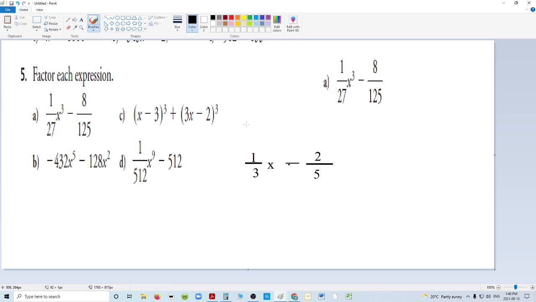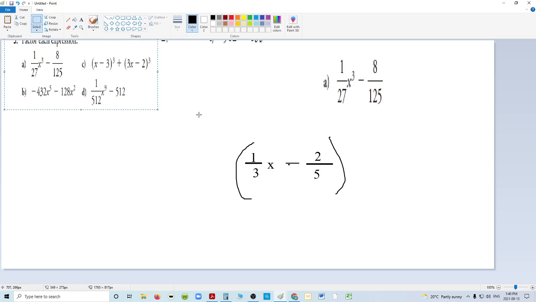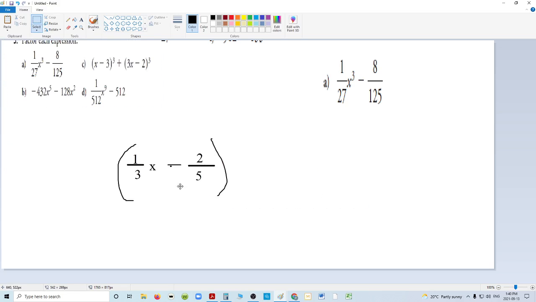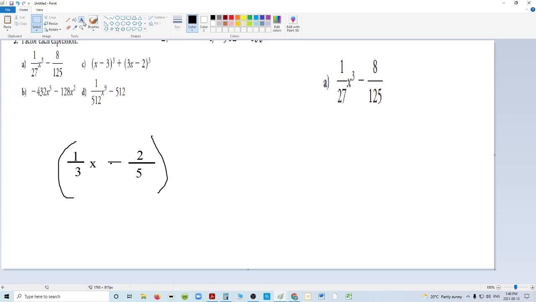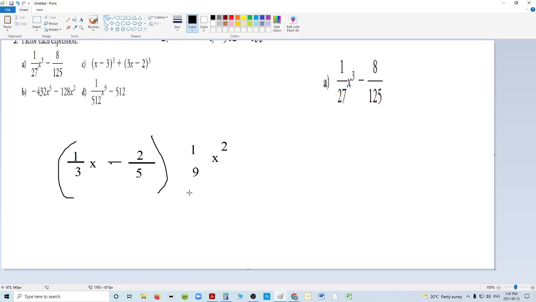At the end, we're going to multiply by some number to get rid of all these fractions. And I'm just going to put this in the corner. Okay, what are our second terms? Well, the first term squared, which is 1 over 9 x squared. Right? That's the first term. What's the second symbol? It's going to be a plus.